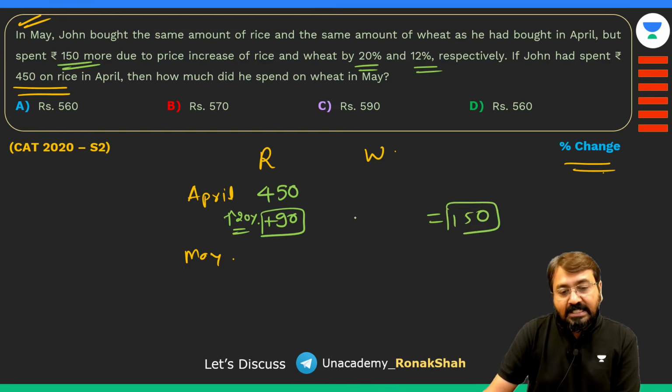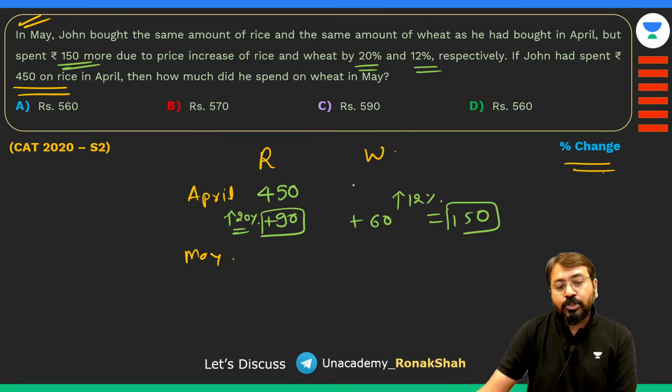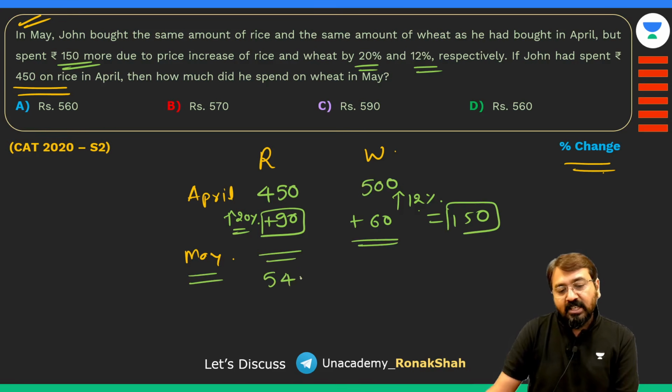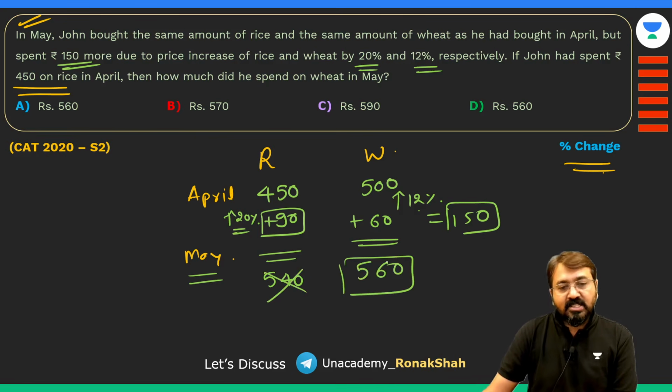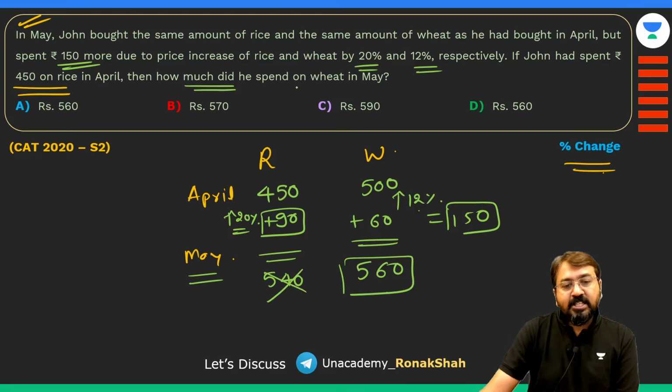So can I say the increase in wheat should be 60 rupees, and it is actually a 12% increase, right? So what should have been the price in April of wheat? Can I say 12% is 60, so 100% should be 500 rupees? Yes or no? So what is the total price of wheat in the month of May? Can I say rice price will be 540 and wheat price will be 560? We don't require this, we are just asked to find out how much did he spend on wheat in May. So the answer is 560.